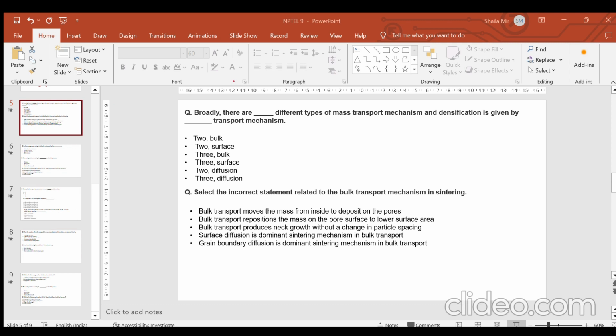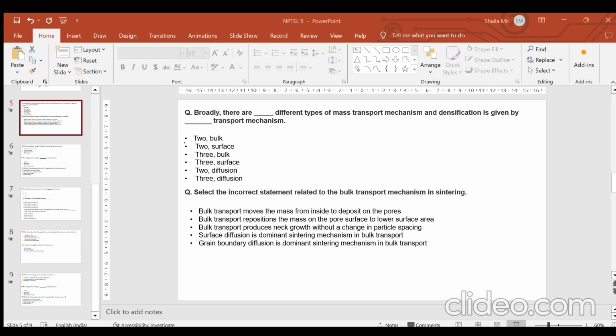So if surface energy loss is there, that means there is a decrease in the surface energy. That is obviously because of all of these factors, because it is reduction in the surface area. As the surfaces come together, there is a reduction in your surface area, the particles start bonding together, and there is a decrease in the pores. All of these contribute towards decrease in the surface energy, and then we can say that densification has taken place.